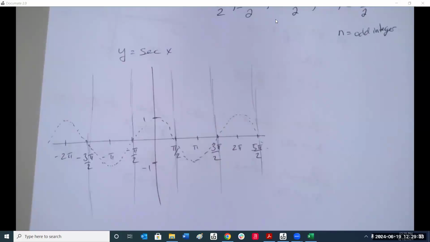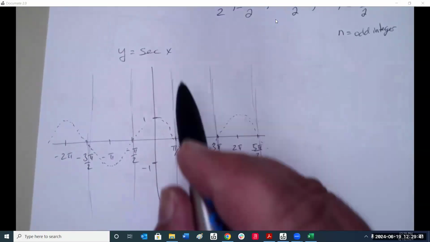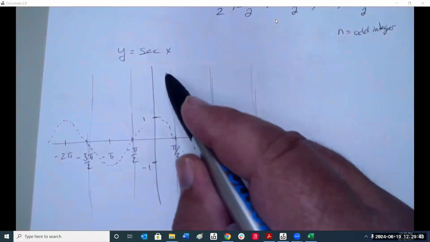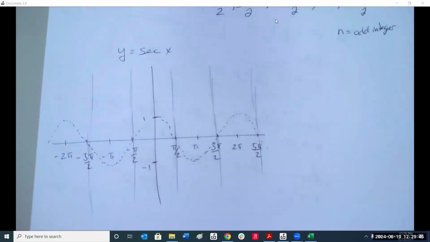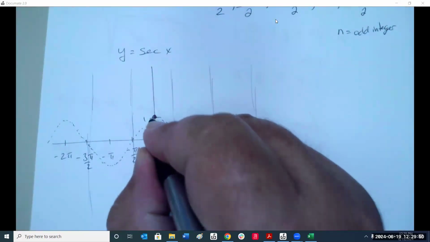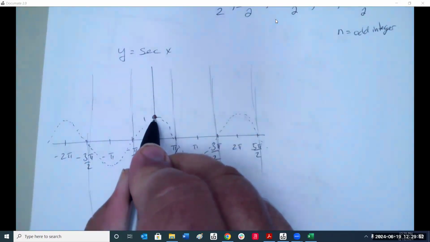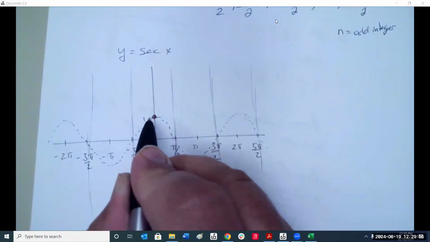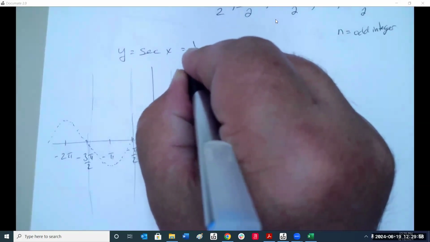The secant function, because these are asymptotes, the lowest it can go is 1. At 0, remember this is 1 over cosine.